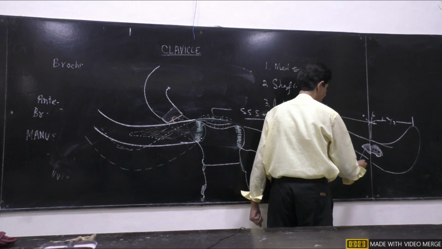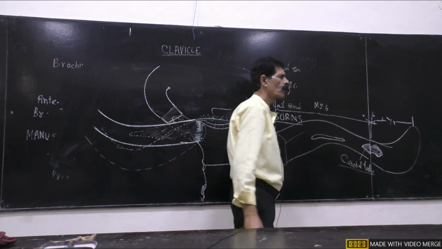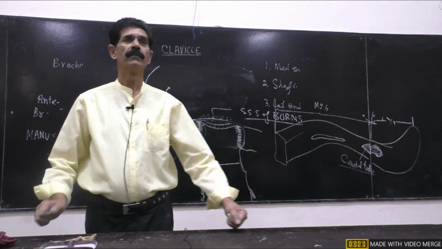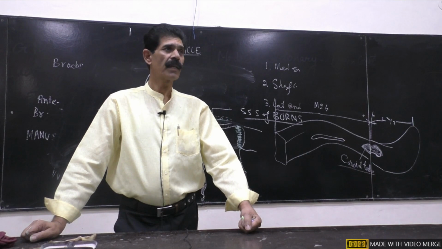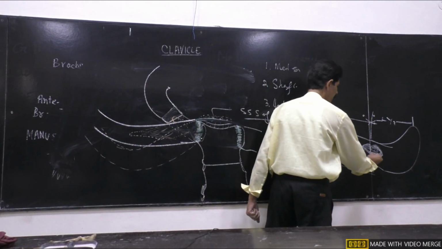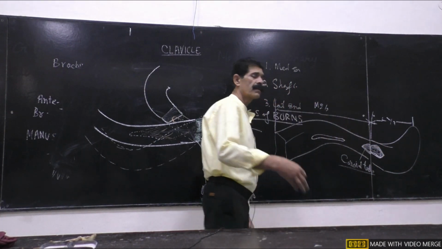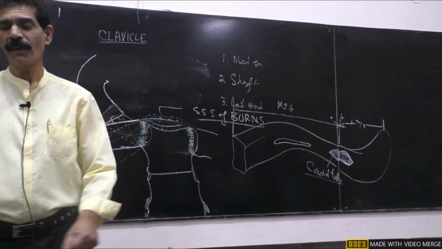Conoid tubercle. Cone-like. So cone-like shape, that's why I call it the conoid tubercle, and lateral to it, there is another raised area which is quadrilateral or somewhat resembling the mathematics shape again.